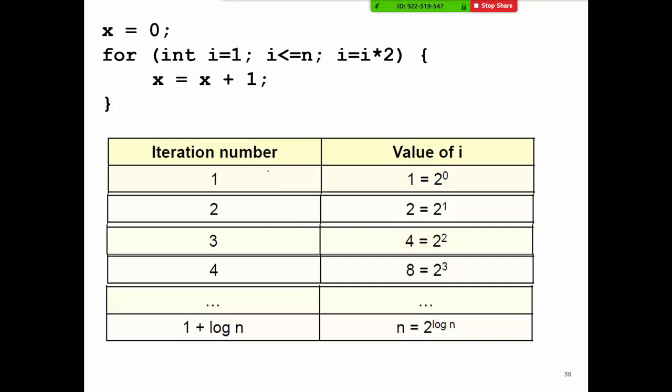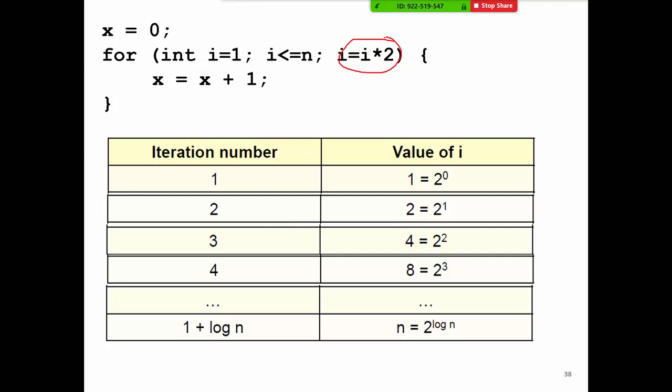Because the increment here is not addition or decrement, it's actually i equals i times 2. Each time you multiply i by 2, you make a jump. You start from 1, you go to 2, then you jump to 4, then to 8, and from 8 you go to 16.